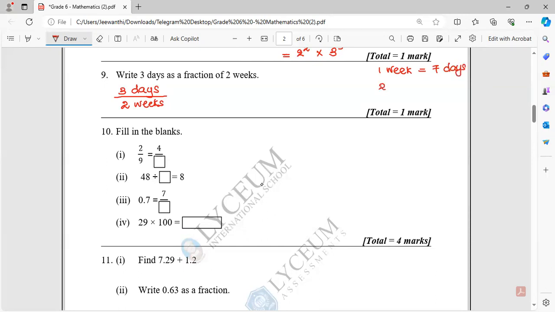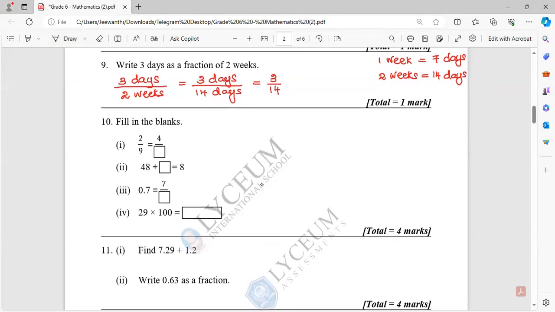So that means 2 weeks is equal to 14 days. Right? So I can write 3 days divided by 14 days. So what will be my fraction? 3 over 14.